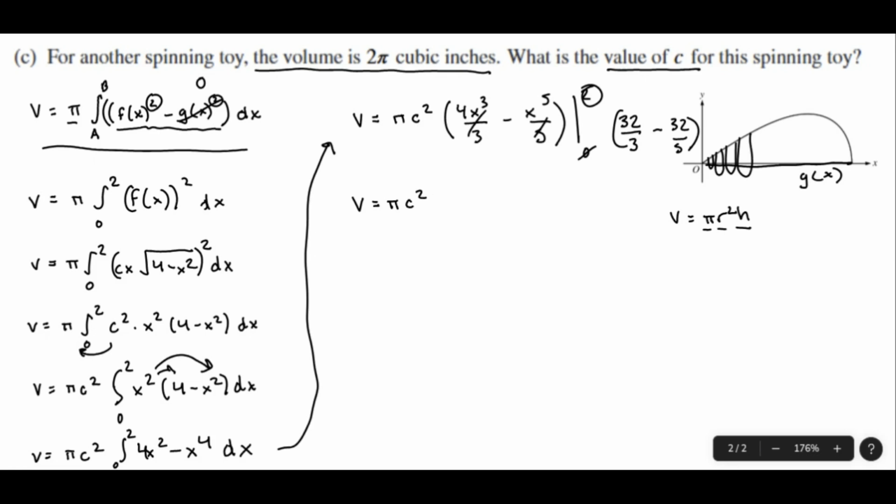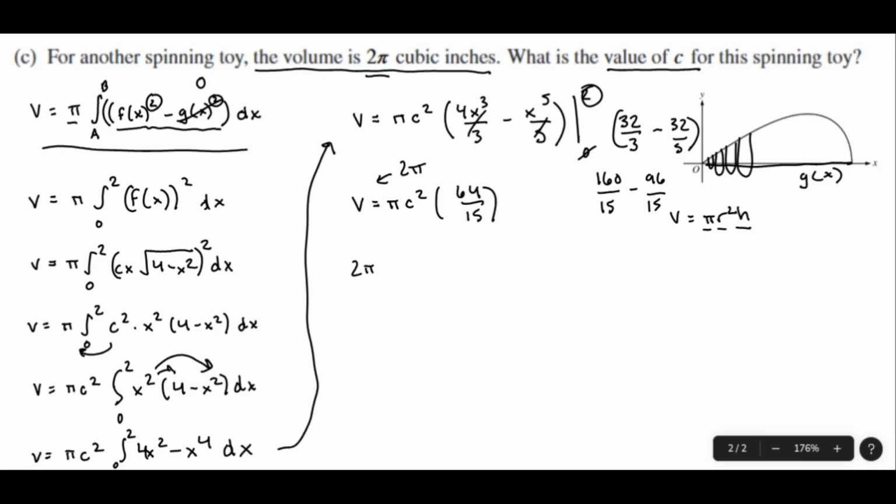This is where we put it into one term. We get 160 over 15 minus 96 over 15, which is 64 over 15, and this expression is going to equal the volume, which is 2 pi, so we can just set 2 pi to v.